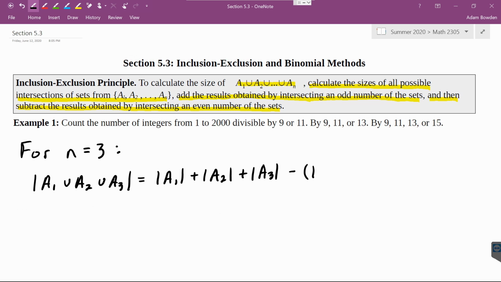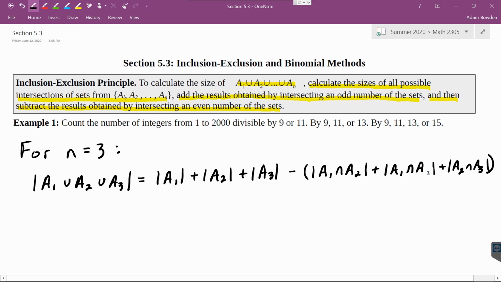But in general, we have to continue on by subtracting the intersections of an even number of sets together. By that I mean intersecting 2 at a time. So A1 intersect A2, and then the intersection of A1 and A3, and then the intersection of A2 and A3. I'm counting those up and adding them together, and then that gets subtracted as a whole. That's why I'm putting it in parentheses.